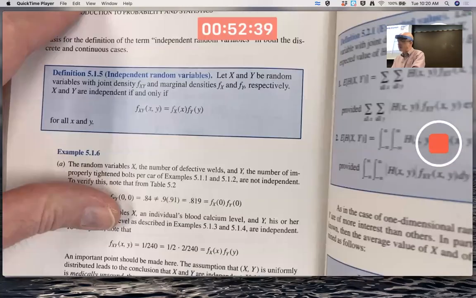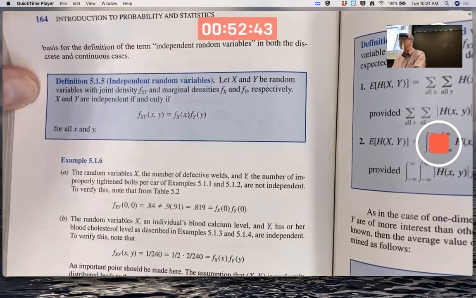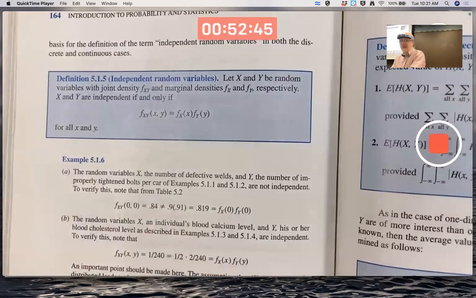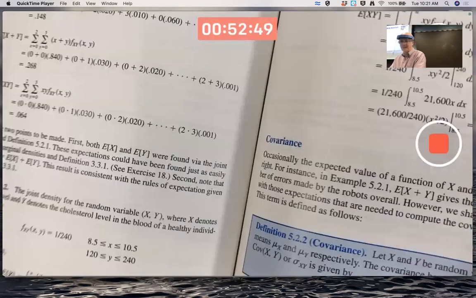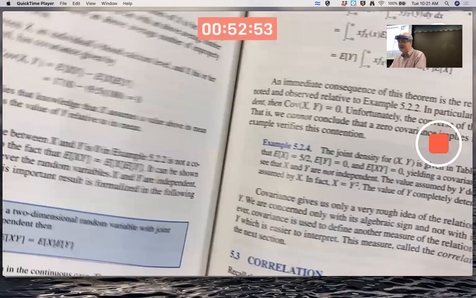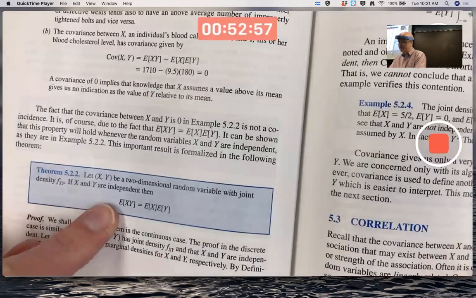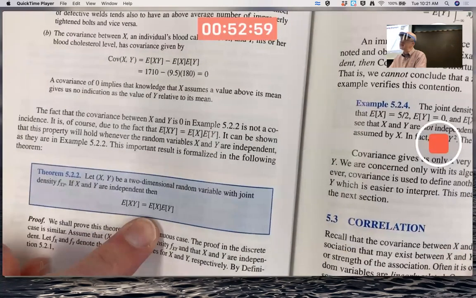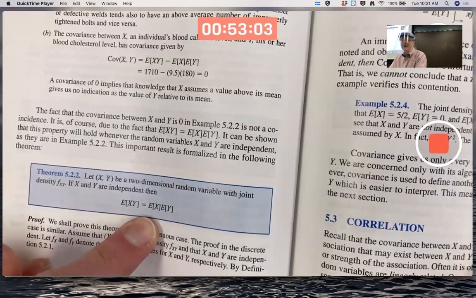Some fundamental facts from chapter 5, even though we haven't emphasized chapter 5, you should know fundamental facts like that, and what the expected value formulas are, and the definition of covariance, and this theorem: if x and y are independent, then this is true, though it doesn't go the other way around, which means when x and y are independent, the covariance is 0.